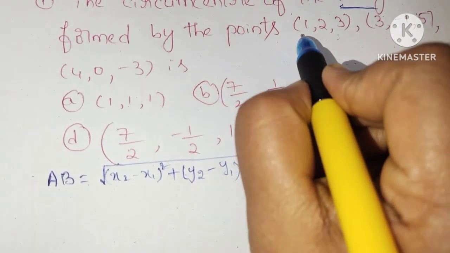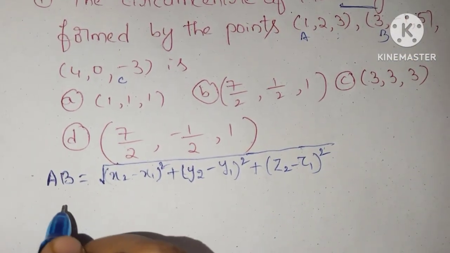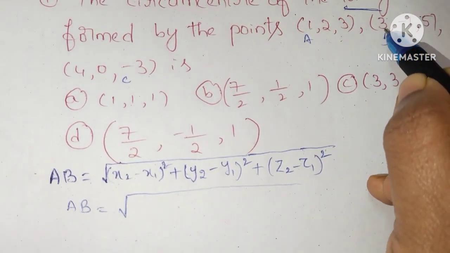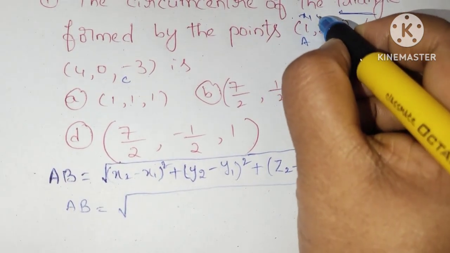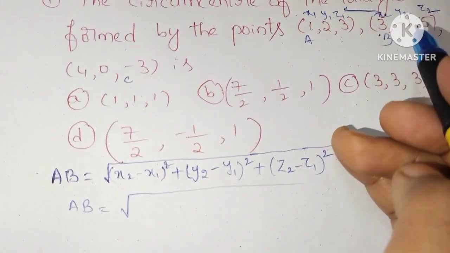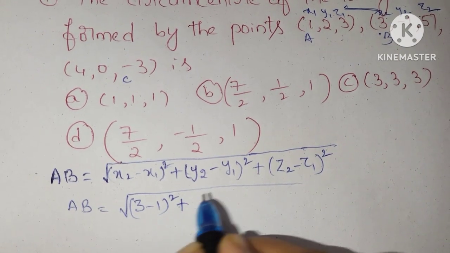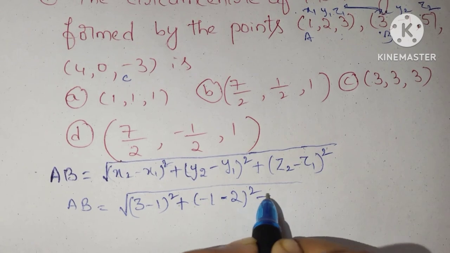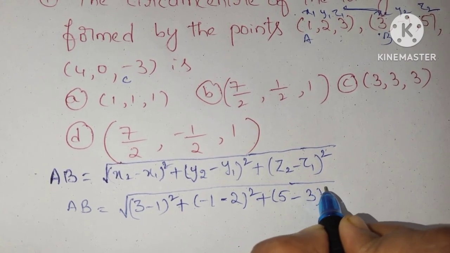Now I will select this point as A, this point as B, and this point as C. First we find the distance between A and B. AB is equal to the square root of (x2 minus x1) whole square, where x2 is 3 and x1 is 1, plus (y2 minus y1), y2 is minus 1 minus 2 whole square, plus z2 5 minus z1 3 whole square.